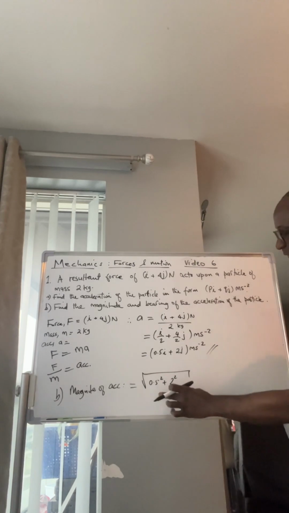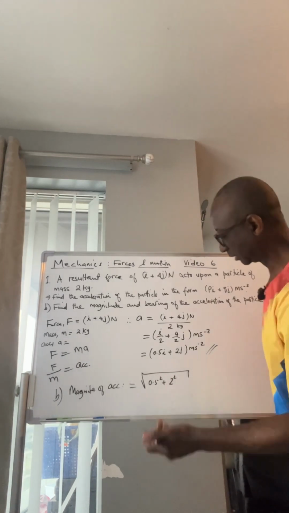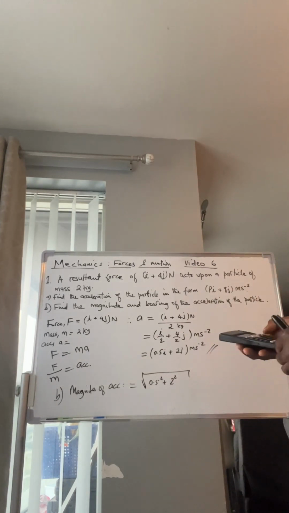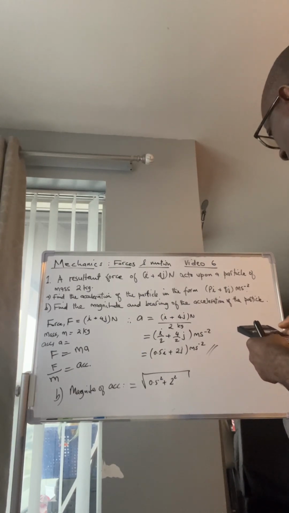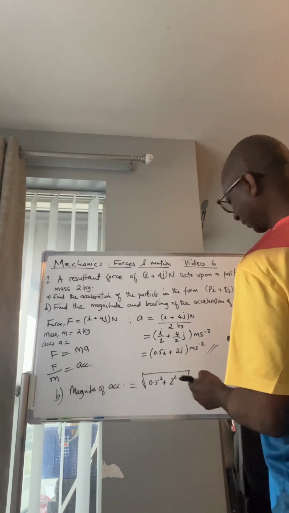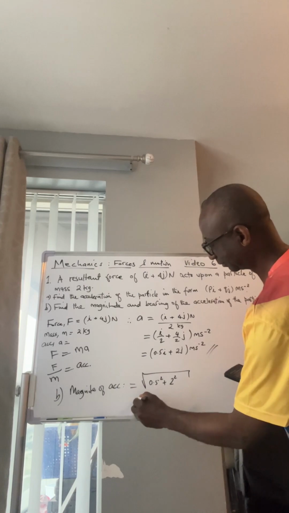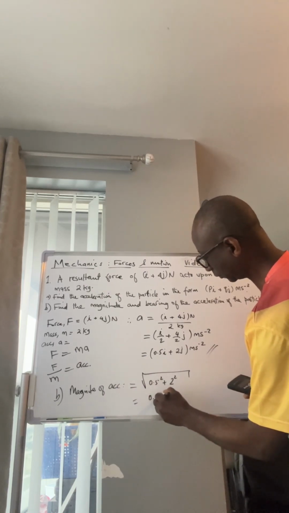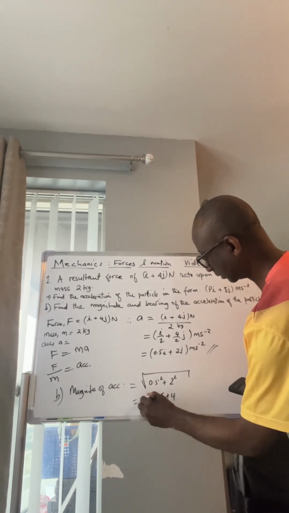So let's simplify. Let's use the calculator. 0.5 squared is 0.25, plus 2 squared, which is 4.